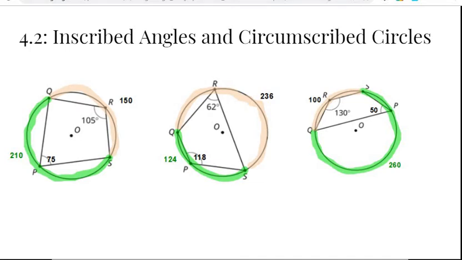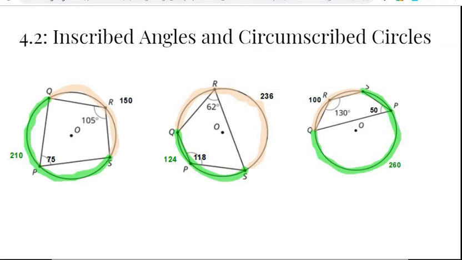So the other arc, the one going from S to Q through R, needs to be the difference between 210 and 360 degrees, because we know that a circle measures 360 degrees in total, going all the way around.